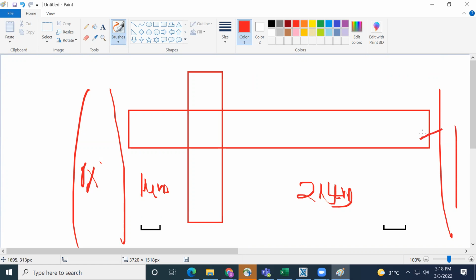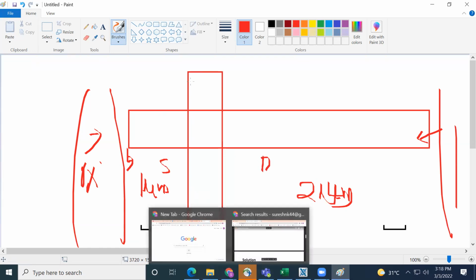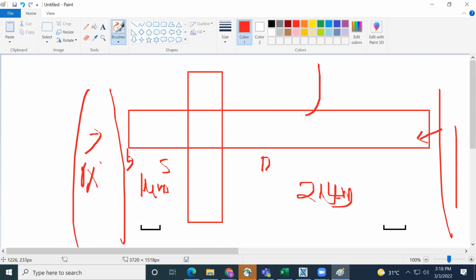Due to the compressed force here and here, the length will be decreased, but it is not uniform. Non-uniform length means source and drain are different. You are passing a current, and it will carry more electrons because this area is more. But here, 50, 100. You are passing 100 electrons; it is able to carry 100 electrons, but here it can carry only 50.